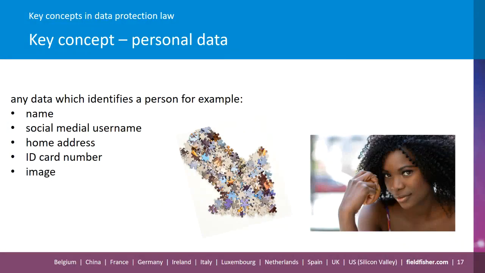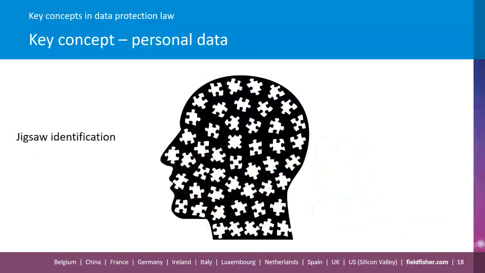But personal data is also slightly more complicated because it's not only about information that directly identifies somebody, it's also about information that could indirectly identify them. And that's why I've got this picture of the head with bits of a jigsaw, as it were, missing, because those little bits of information which together would make up someone's identity are also personal data.